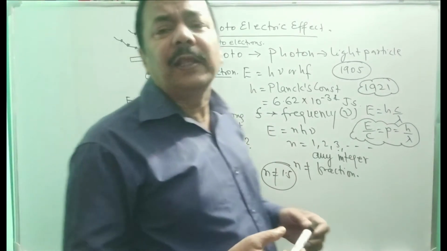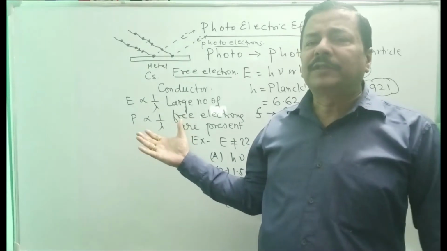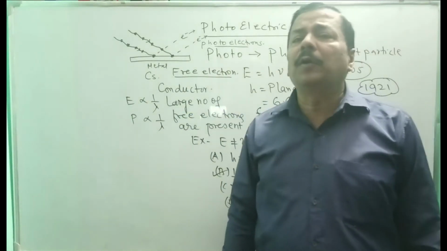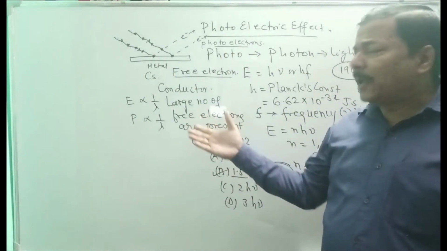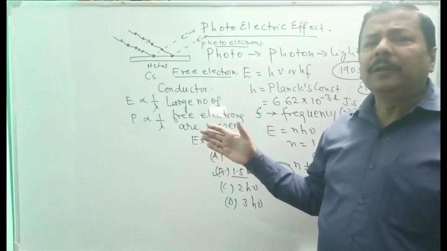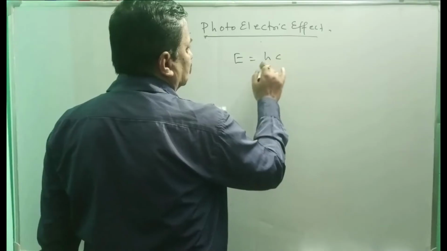You should understand carefully that these simple conceptual problems are frequently asked in entrance examinations, and such conceptual questions will certainly help you build better confidence in the subject matter.